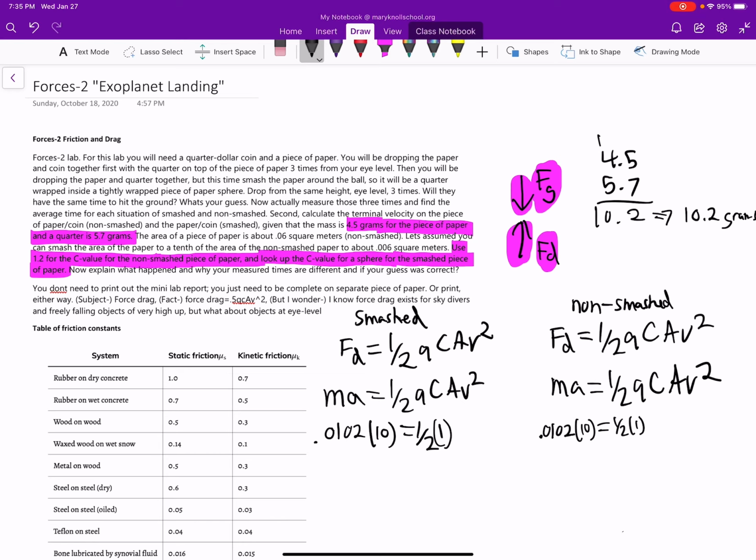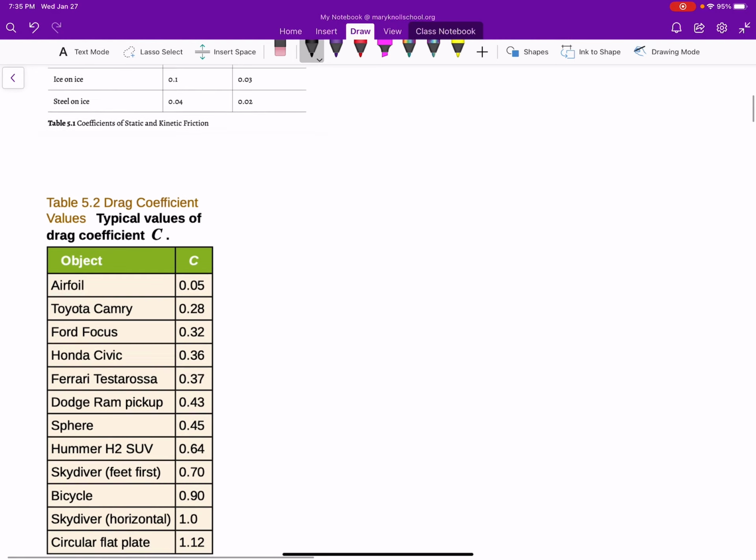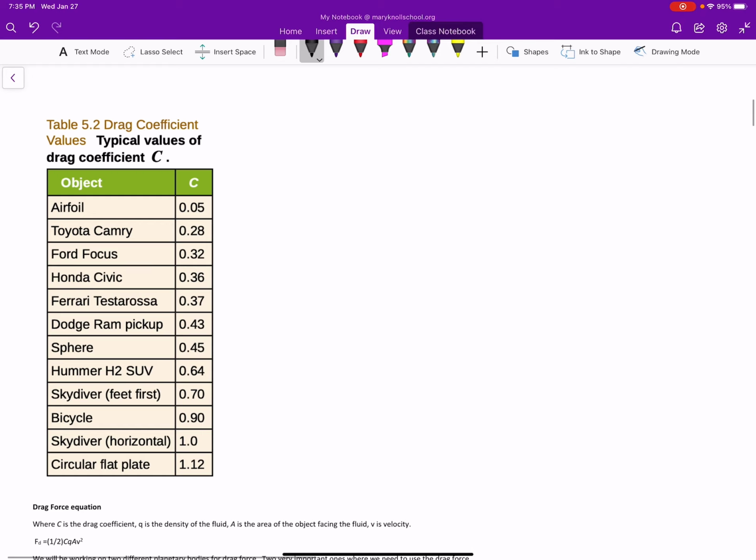But this is non-smashed. So non-smashed, we get 1.2. Now that makes sense to me because look, if you are looking at the C values for things moving in the air, we get a piece of paper. Whoops. Oh, it's just falling down.